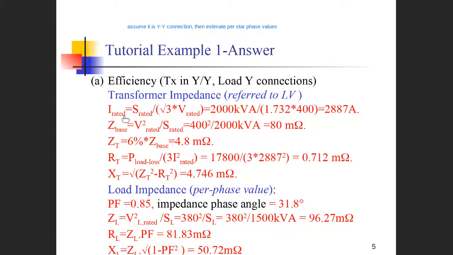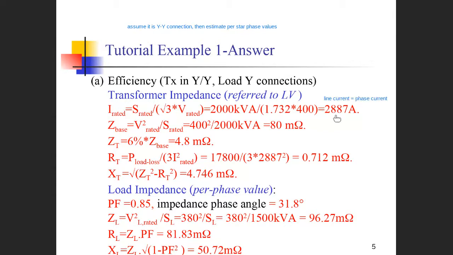So the rating currents: the rating powers over root three times the rating voltage. This is the rated voltage, so this is the rated current.